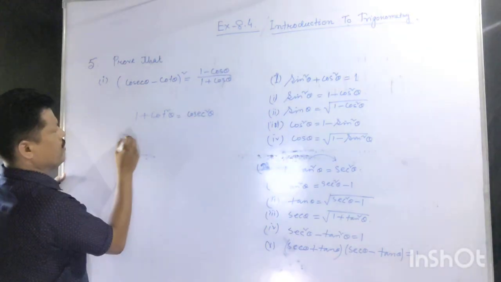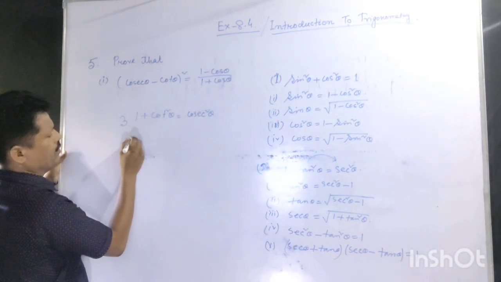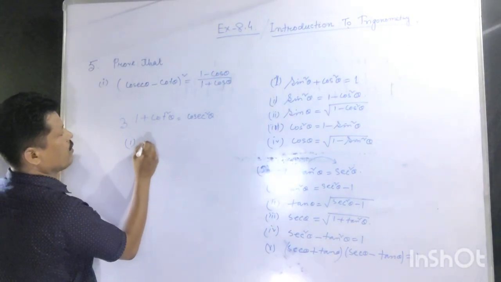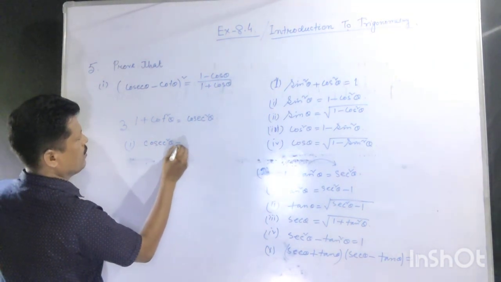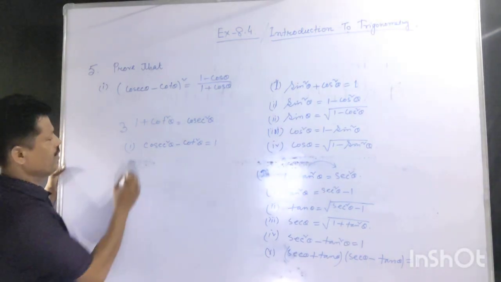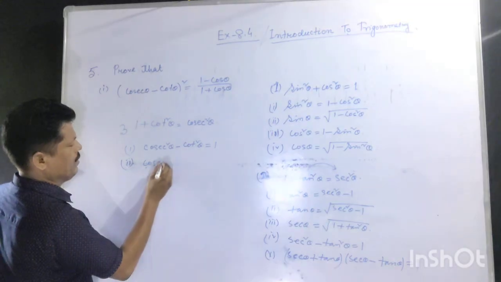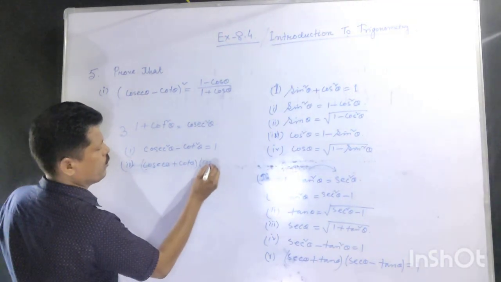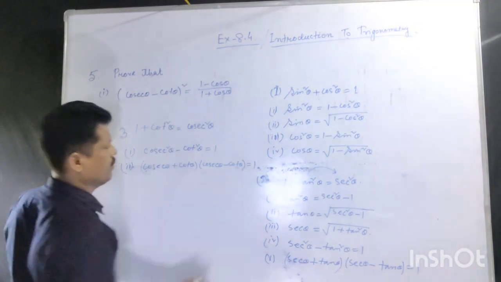So from here, we can write cosec square theta minus cot square theta is equal to 1. And this one also we can write this way, cosec theta plus cot theta into cosec theta minus cot theta is equal to 1.